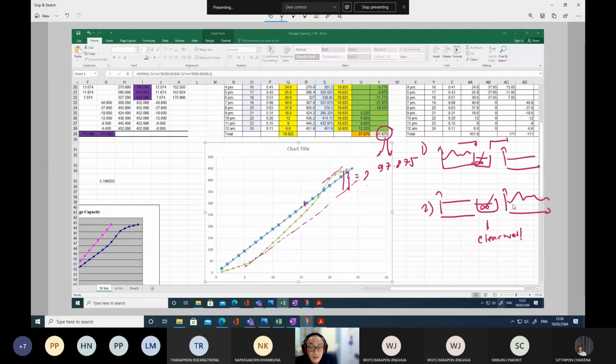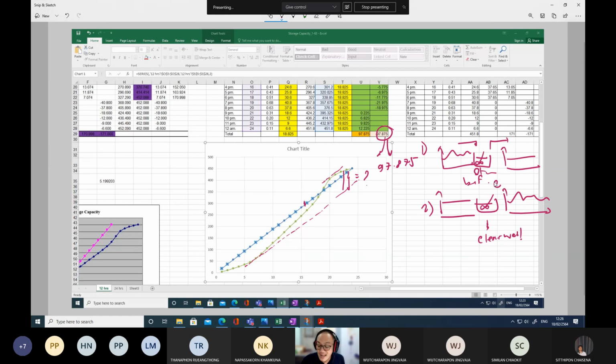In the clear well, the water is kept inside like storage before distributing to the community. The community uses a variety of water. But this one is the storage before coagulation and flocculation. Normally, the incoming flows vary, but the outgoing flows are constant.